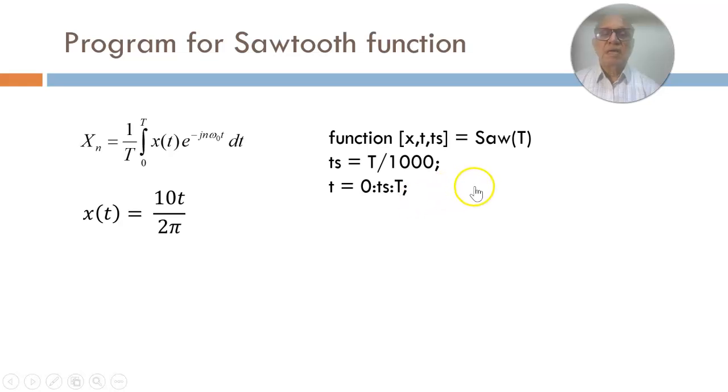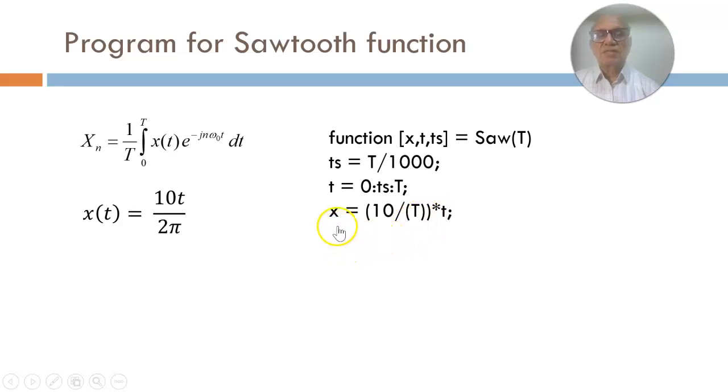Remember, we are going to plot this over one time period. So this is it. Then x is equal to 10 divided by T, that is the slope, multiplied by small t, that is the time vector. Don't confuse between the capital T and the small t. Capital T is the period of the waveform and small t is the time vector which is generating this waveform.